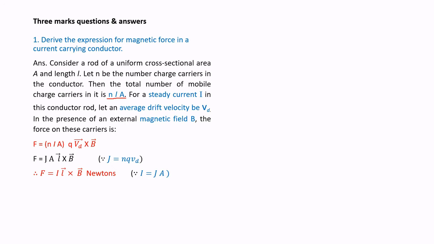Current I by A, current per cross-sectional area, is equal to current density. That is, current per unit area is current density. So the direction of L is the same as I.